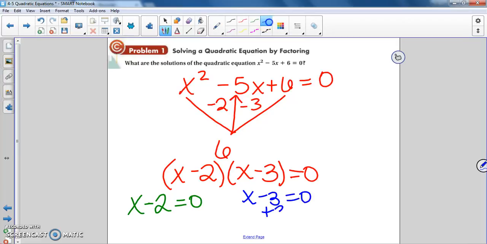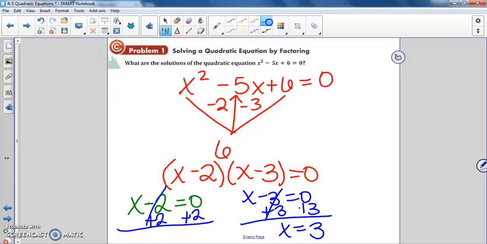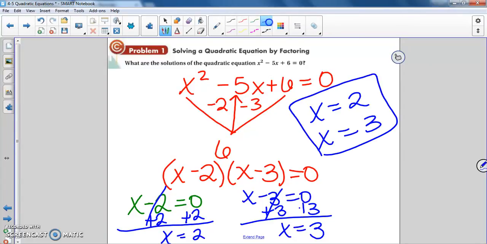So I'm going to solve for x. So now I have two solutions to this quadratic equation. X can be equal to 2, or x can be equal to 3.